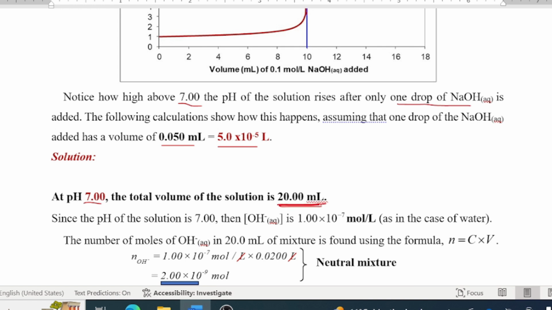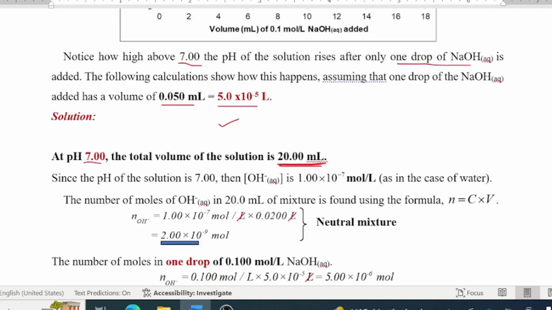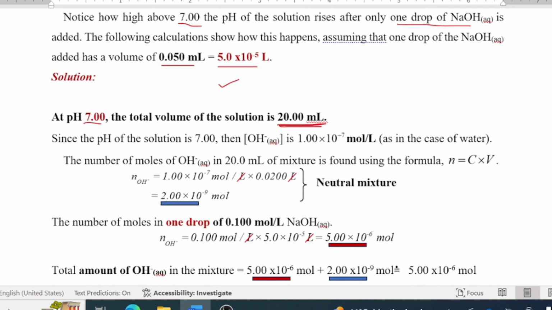You want to know what the effect will be of dropping 1 drop of that sodium hydroxide inside. So that is the number of liters of sodium hydroxide. First of all, find the number of moles of OH ions inside here. At pH 7, this is the concentration of OH ion as well as hydrogen ion.